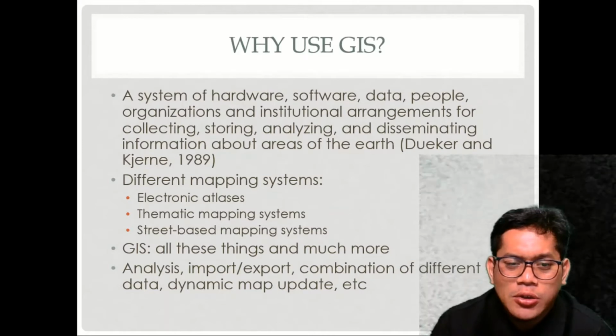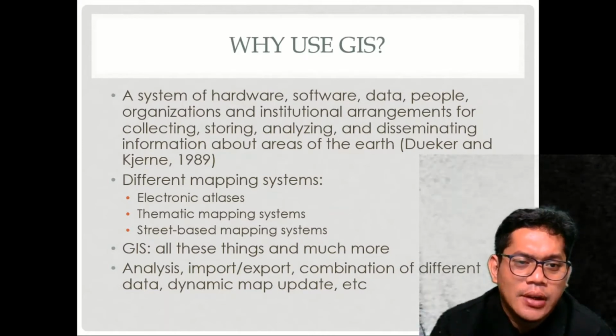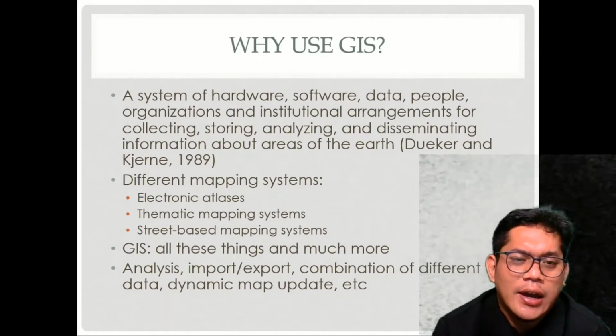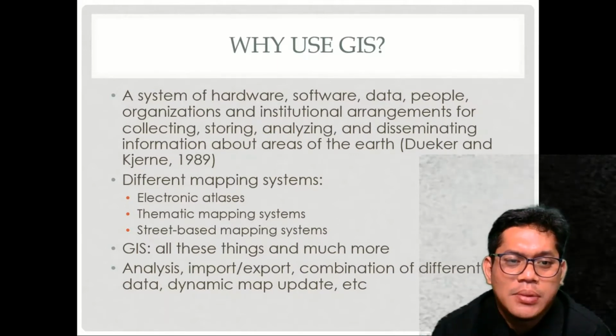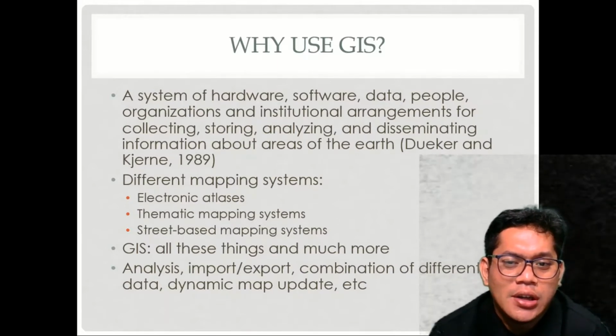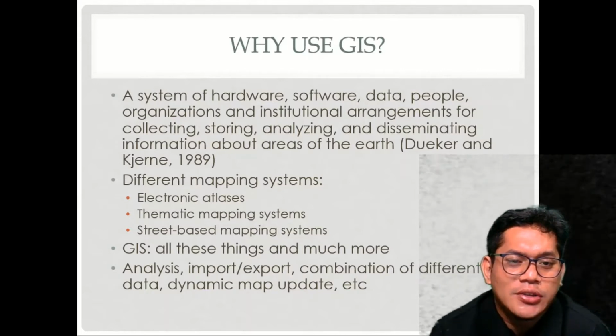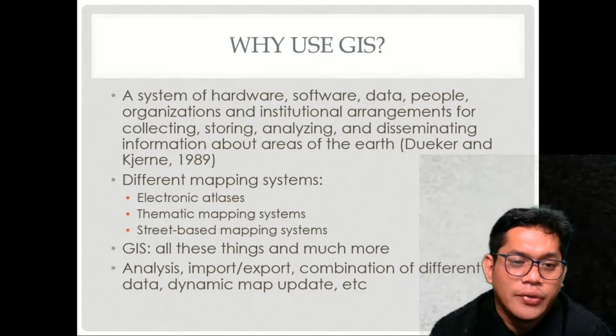So why do we use GIS? The idea of GIS is a system of hardware, software, data, people, organizations, and institutional arrangements for collecting, storing, analyzing, and disseminating information about areas of the Earth.